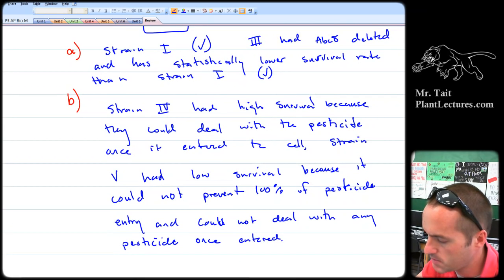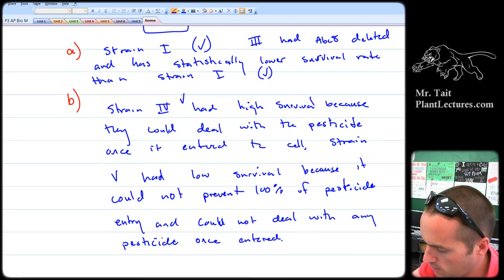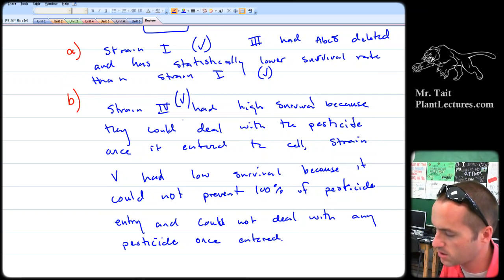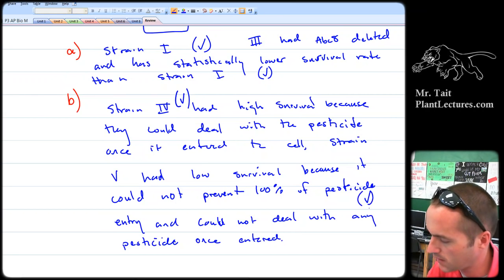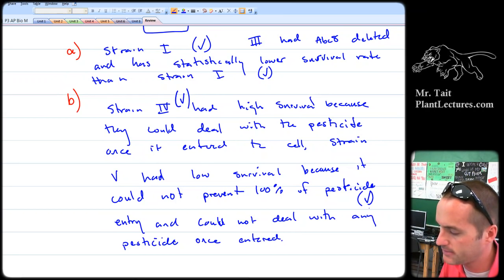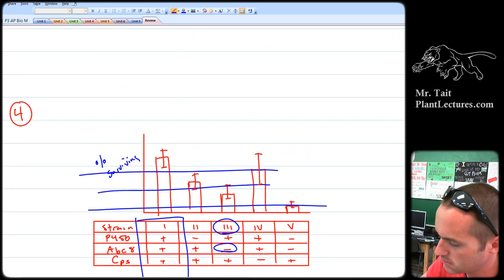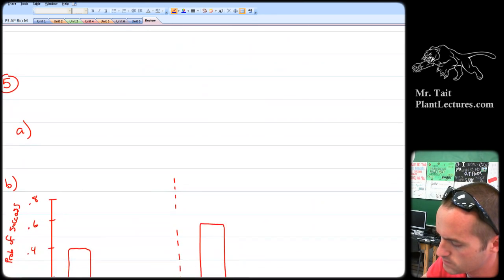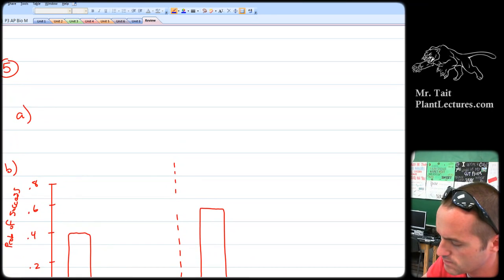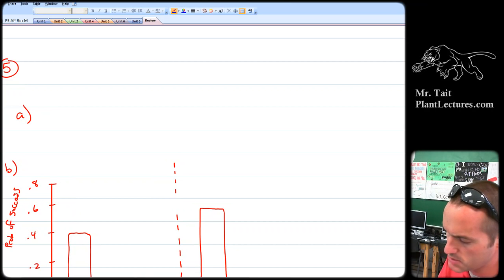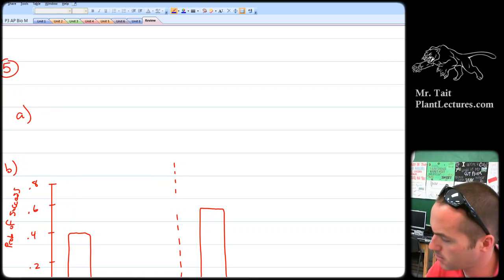So that would be 1 point explaining why strain 4 could still survive, and 1 point explaining why strain 5 did not. If we had the exact same answer but did include the numbers, maybe. It'll just be up to your grader or up to your reader at that point.